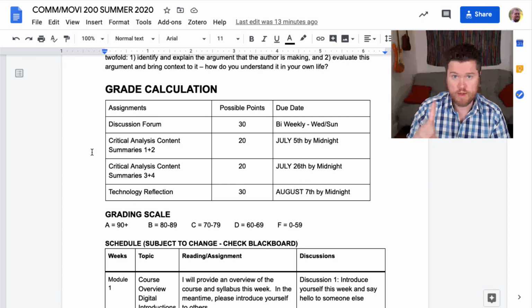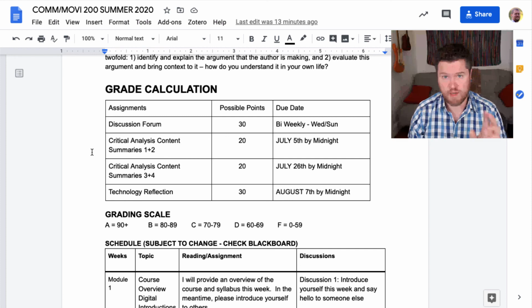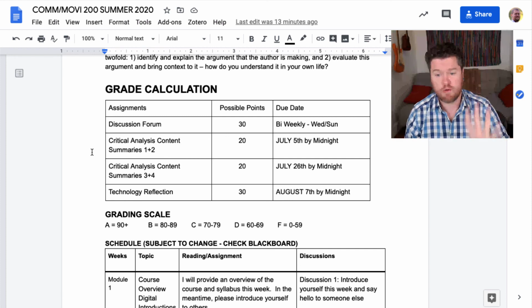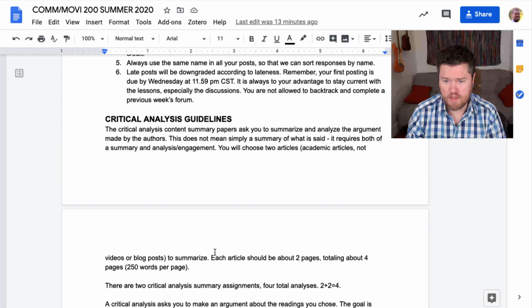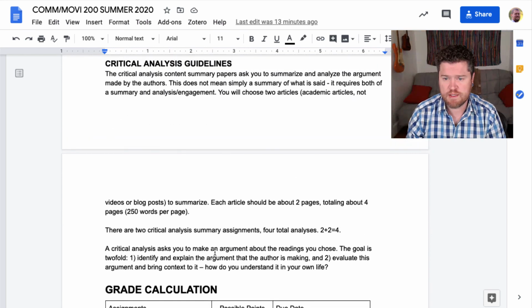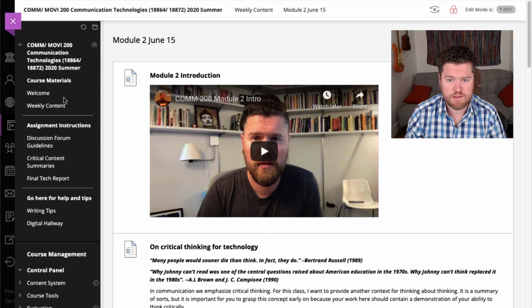It will be one paper, one document that you upload with 2 different articles in it. There are 2 total assignments, meaning 4 critical analyses. 2 plus 2 is 4. And then the final paper is a technology reflection paper, which we'll talk about later. For the critical analysis, I've got a lot more instructions here.